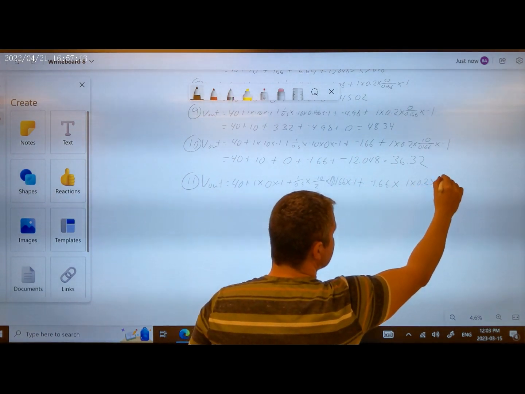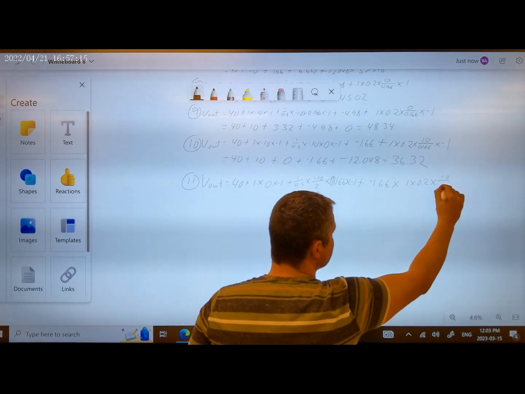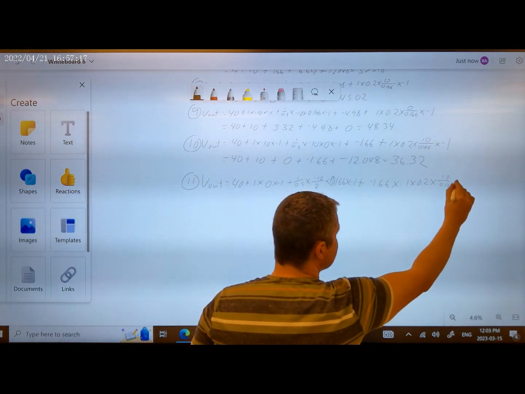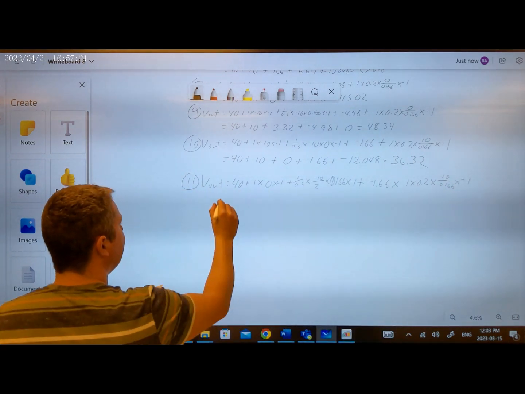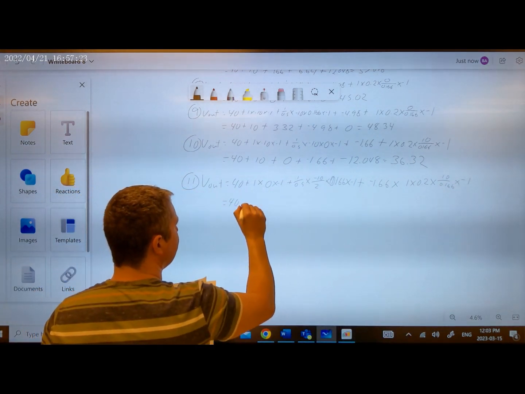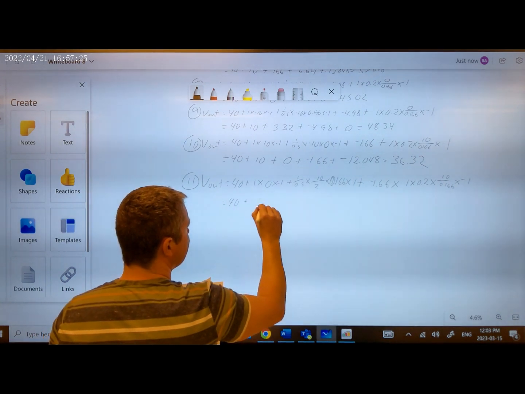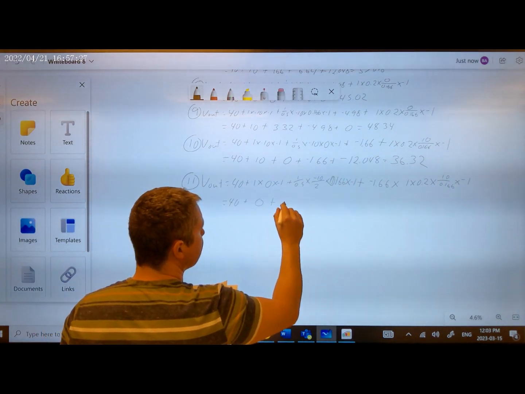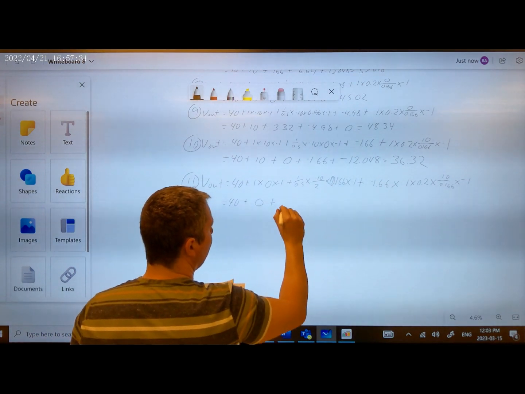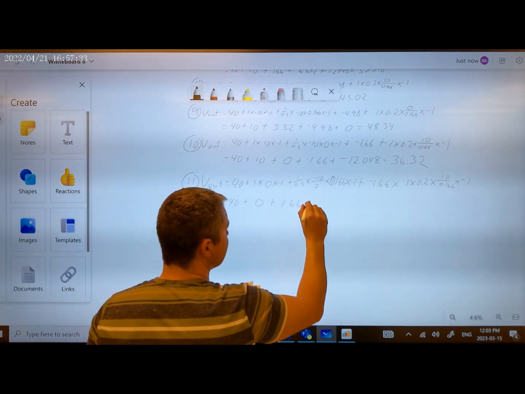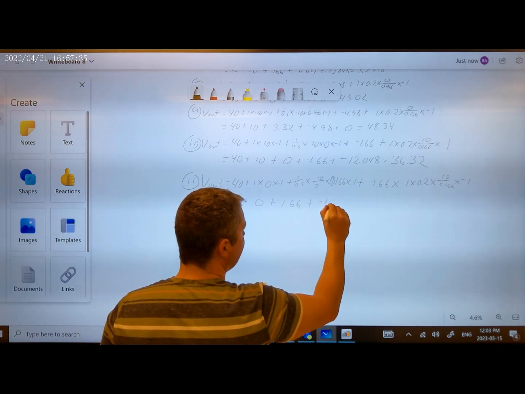times 10 over 0.166 times minus 1 the direction. And that gives us 40 plus 0 plus, we will have a positive 1.66 plus a negative 1.66.